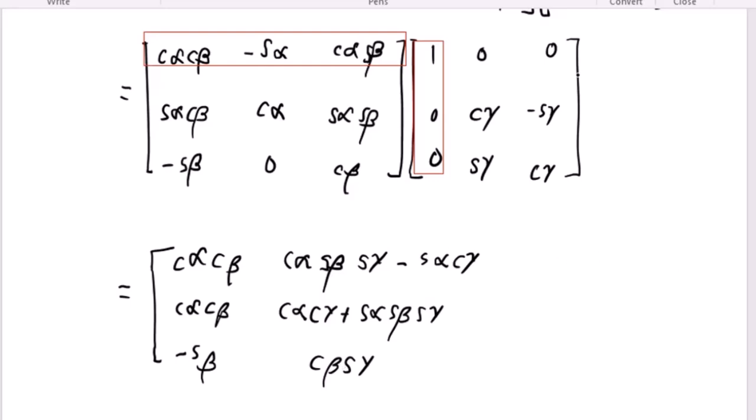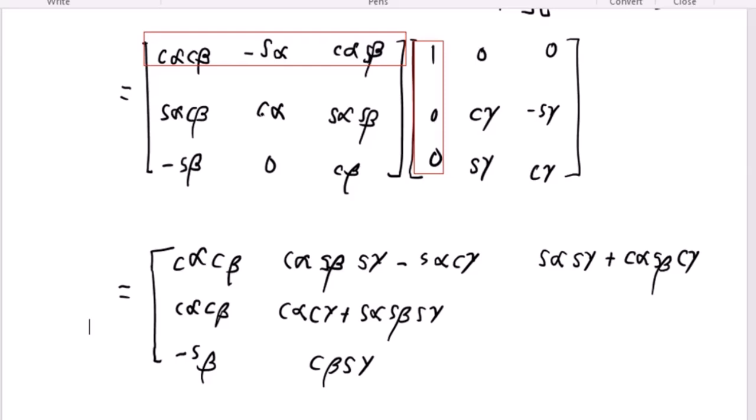Finally, we have the third. 0 times this. What will we get? This is negative sine alpha, sine gamma, plus this. Plus what? Cosine alpha, sine beta, cosine gamma. Next, this one and this one, 0.